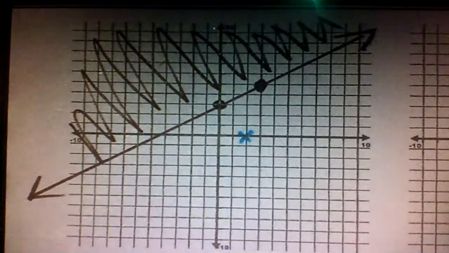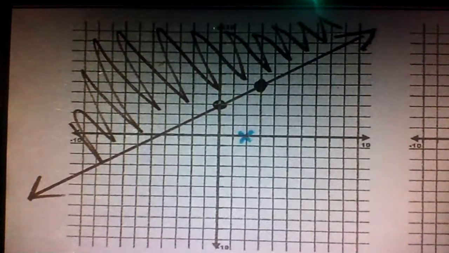If you were listening to anything that I said, you would understand. But no, I hear all this talking that doesn't need to be happening. I asked, is the point (2, 0) a solution?